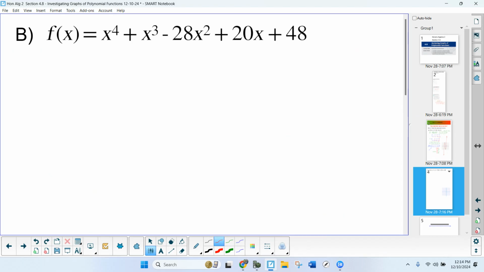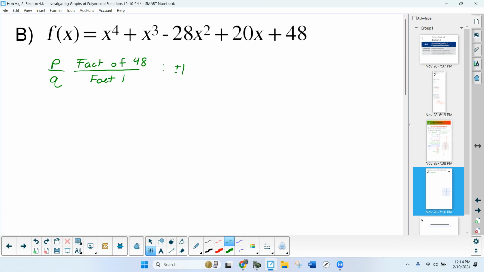All right, let's take our possible rational zeros, P over Q. We're looking at factors of what? Oh, goodness gracious. Factors of what? 48 over factors of 1. Okay, so factors of 48, basically.